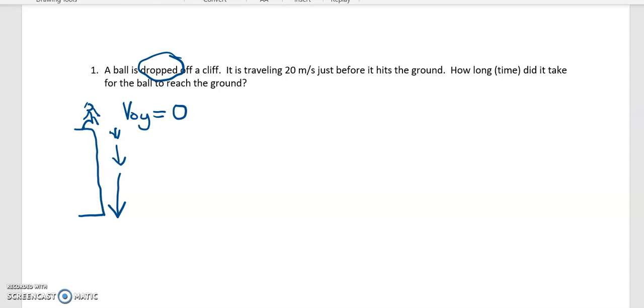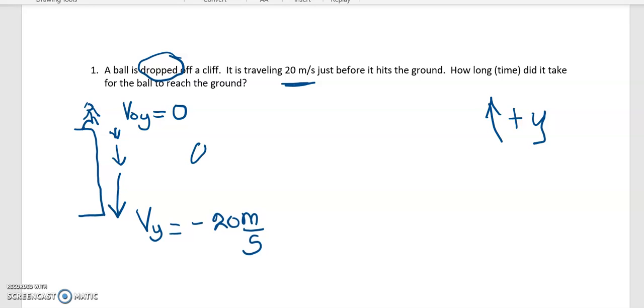Then the final velocity: it's traveling at 20 meters per second just before it hits the ground. Before I do anything, I'm going to write down that up is positive. So when it is going down, this final velocity Vy is going to be equal to negative 20 meters per second.